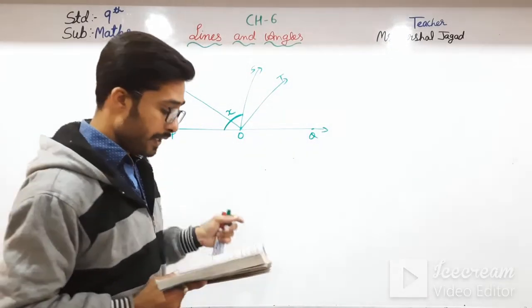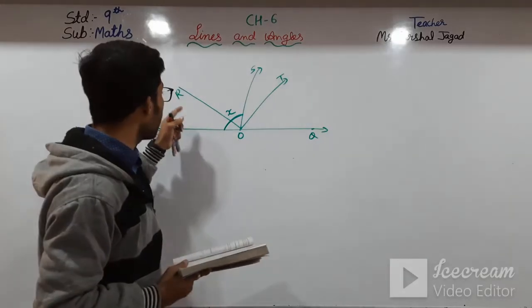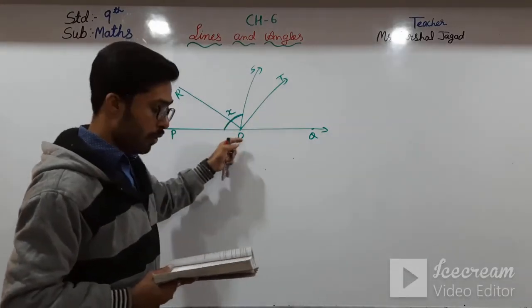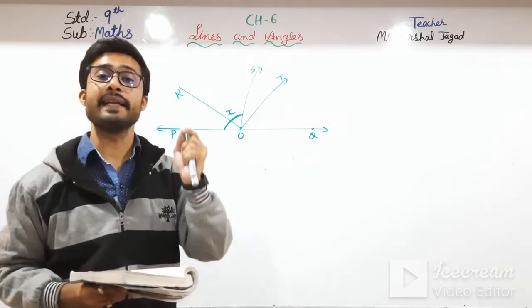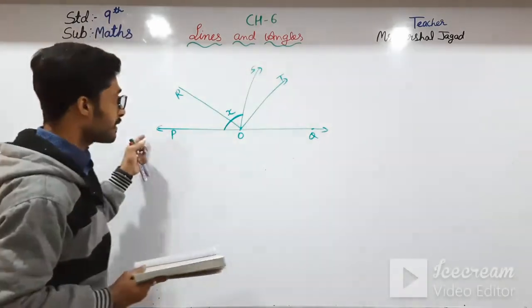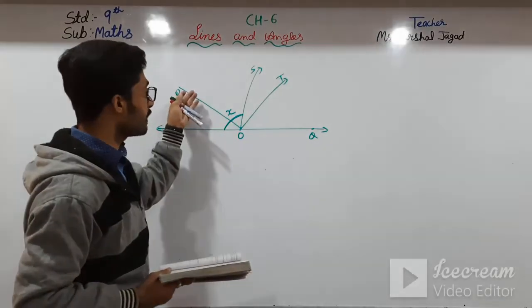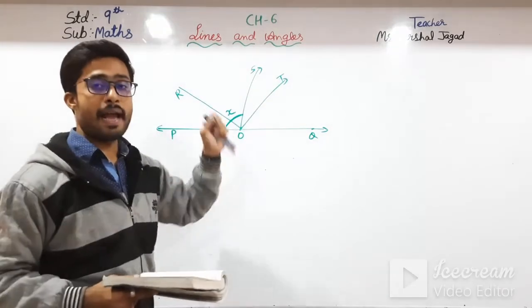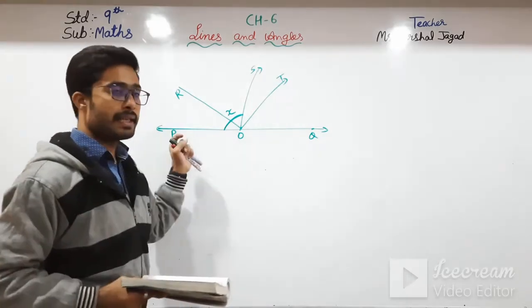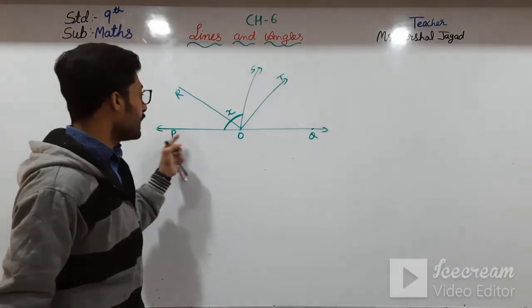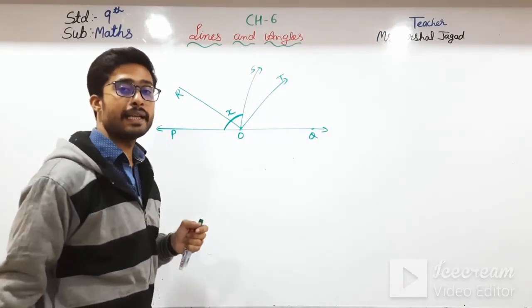Then angle POS plus angle SOQ is 180 degree. Why? If we take out both rays, it will be a linear pair, so this is 180 degree.